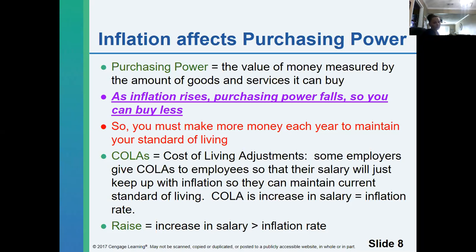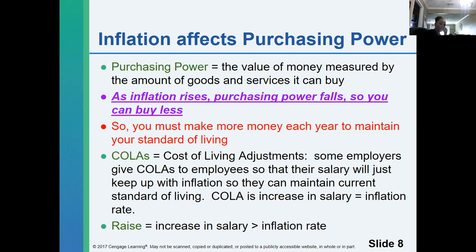COLAs are cost of living adjustments. Some employers give COLAs to employees so that their salary will keep up with inflation to maintain the same standard of living. So a COLA is an increase in salary that's equal to the inflation rate. So if the inflation for last year was 2.4%, then your COLA would be an increase in your salary of 2.4%.